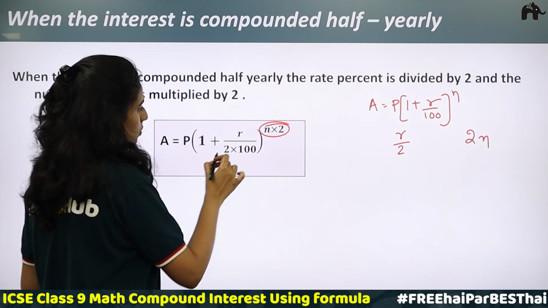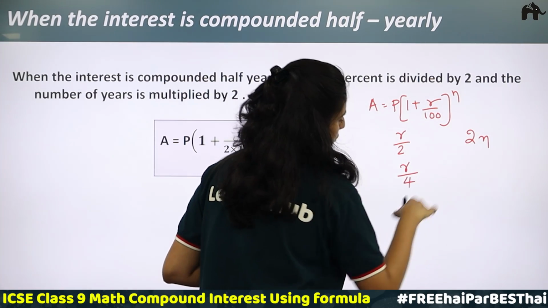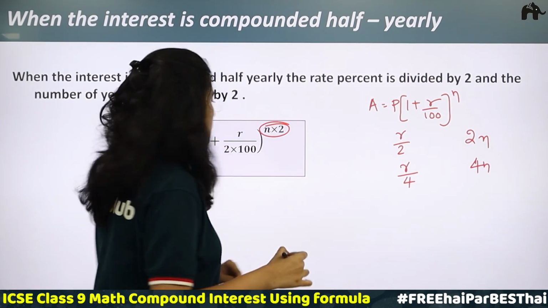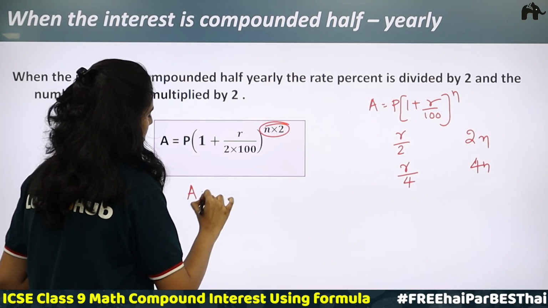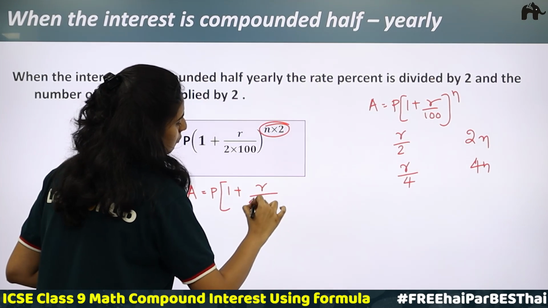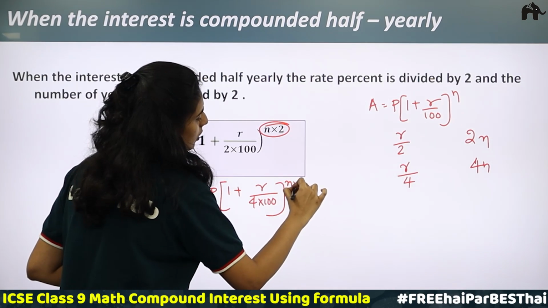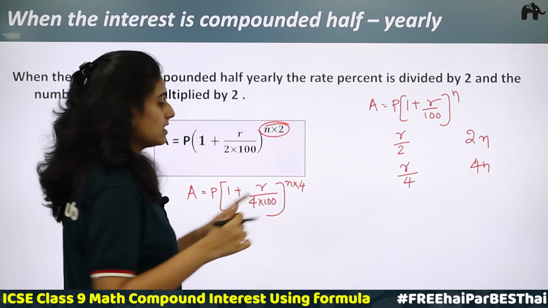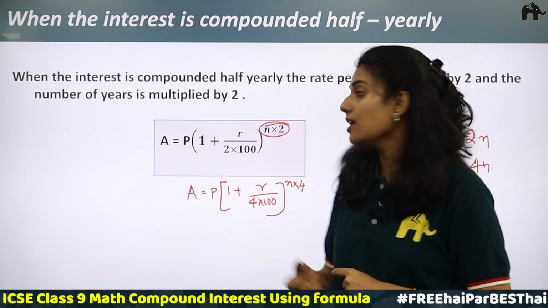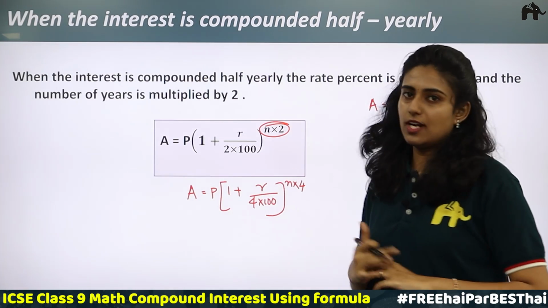Amount will be equal to, here the R becomes R by 4 and n becomes 4n. Okay, so the formula will be A is equal to P into 1 plus R by 4 into 100 whole raised to n into 4. So this is the formula that you get when the interest is being compounded quarterly. Clear? So when you do an example, you will understand in detail.